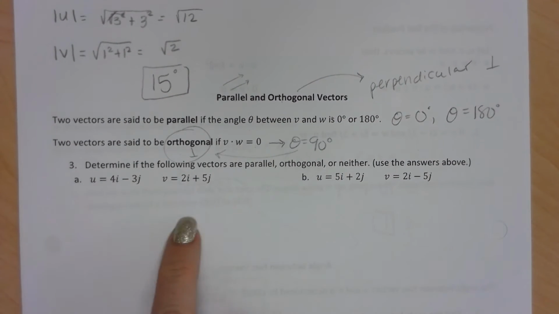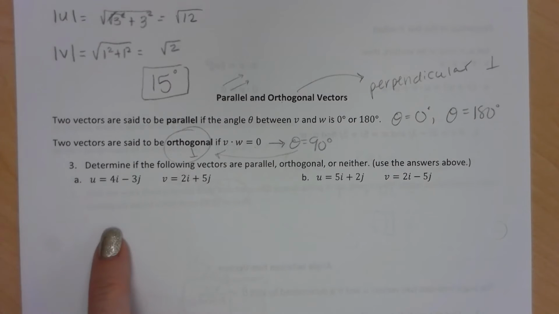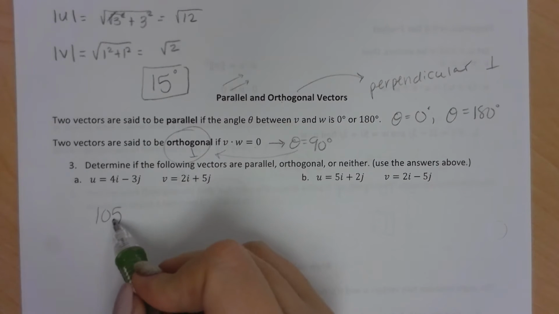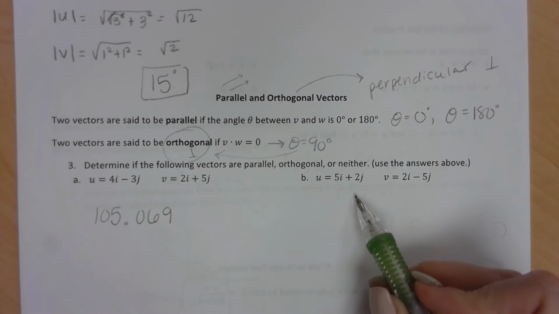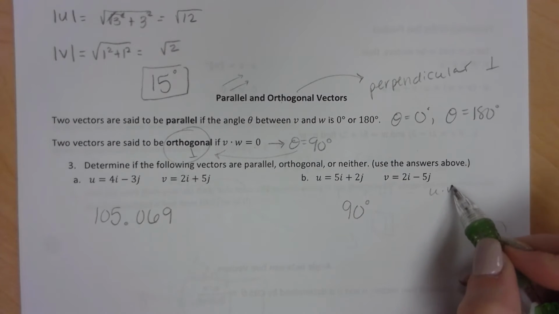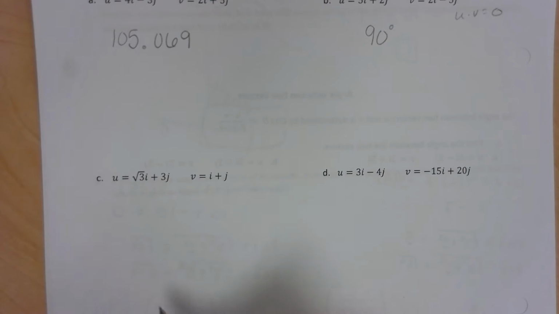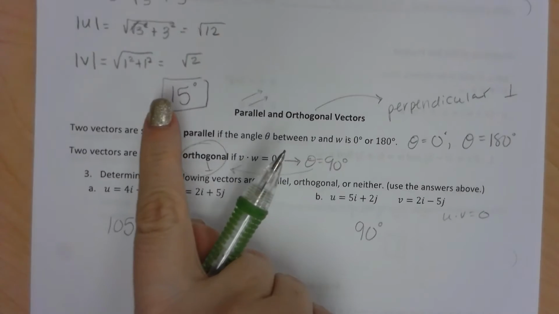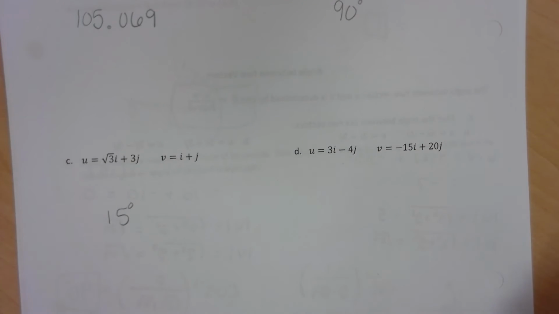Okay, so these are actually the same angles that we just solved before. So this is the same A as on the last page. So we had gotten 105.069. For B, we had gotten 90 degrees because the dot product was 0. For C, we had gotten an answer of 15 degrees, right? And then for D, you were supposed to have paused and done that problem. So if you didn't, do it now.